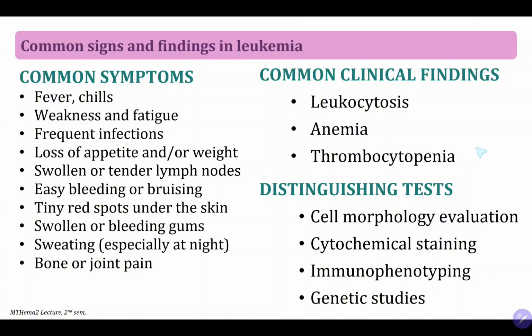To distinguish and differentiate these neoplasms, we may use cell morphology evaluation through peripheral blood and bone marrow smears, cytochemical staining, immunophenotyping, and genetic studies.